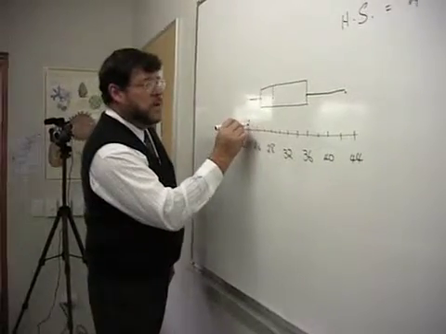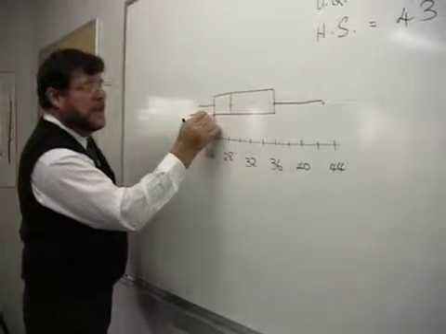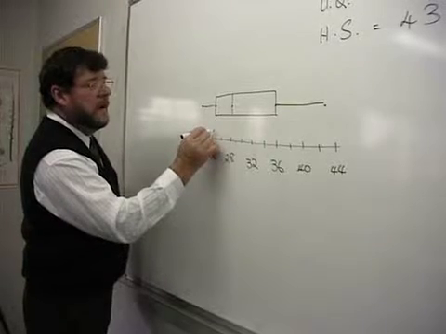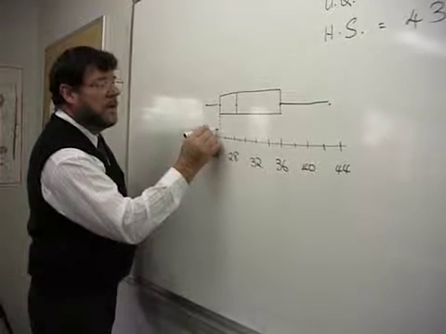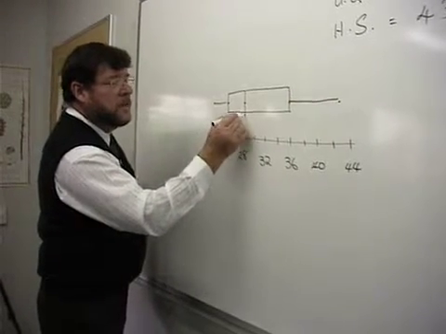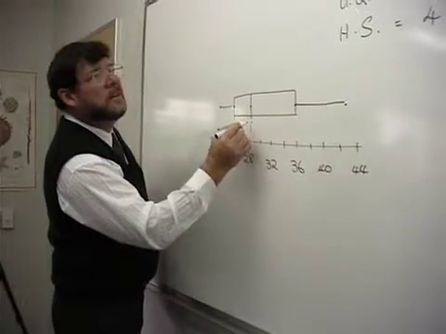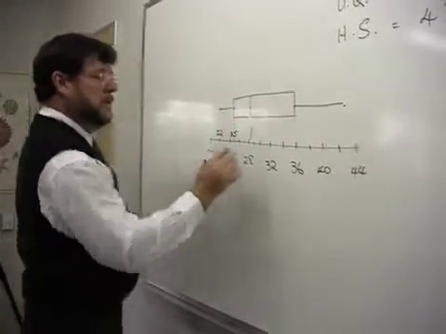So we've got 22. What is this point here? 25. Put in a dotted line down. 25. This point here? 36. That's a bit wonky.